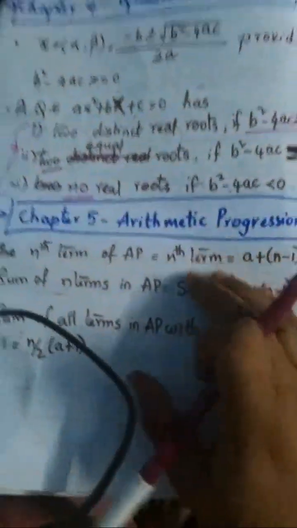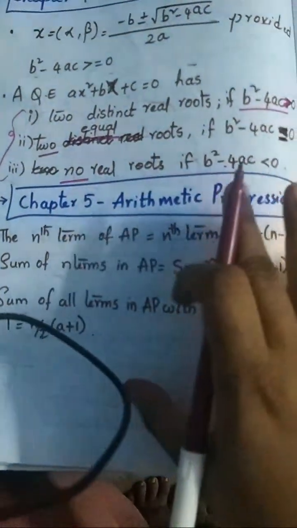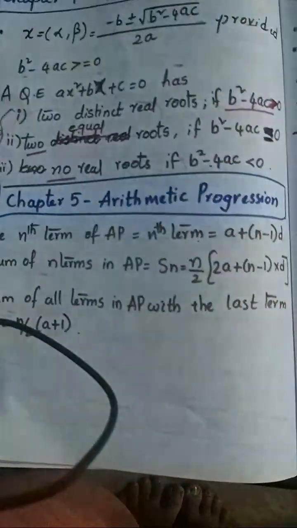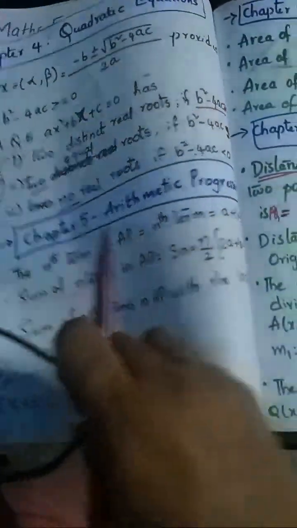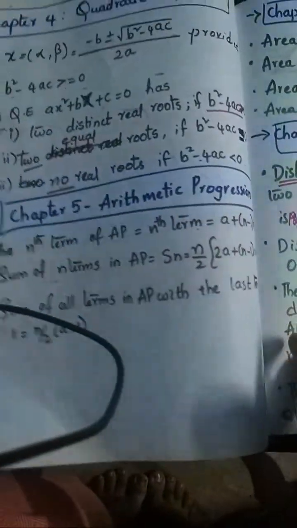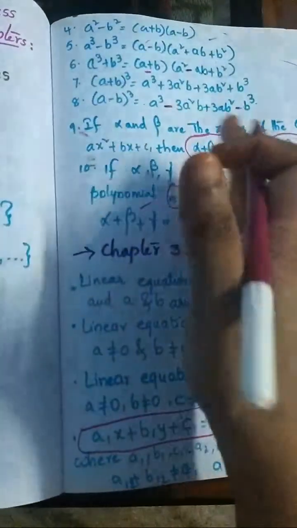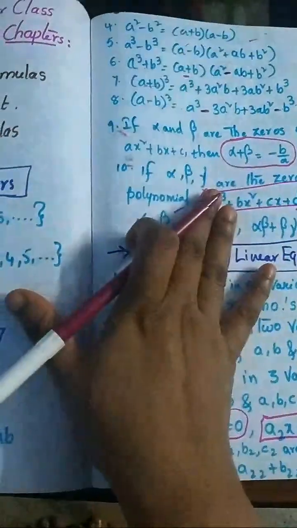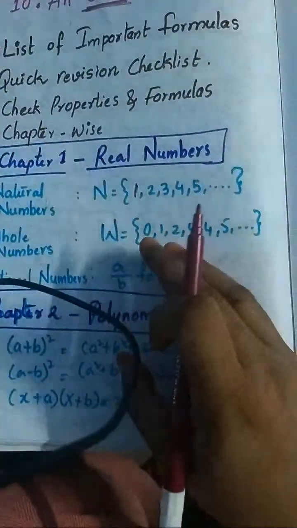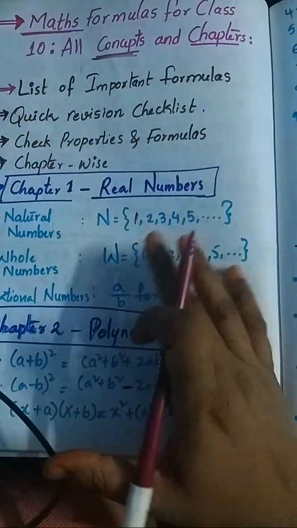So start with these basic important examples for every chapter. I have explained you very easily in it, and written examples, all very important formulas only here in this video. So go through this video whenever you start your revision.